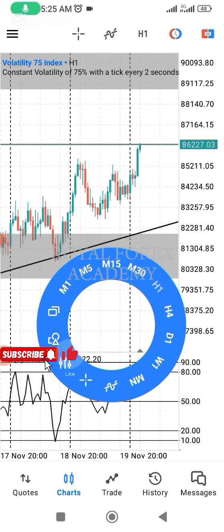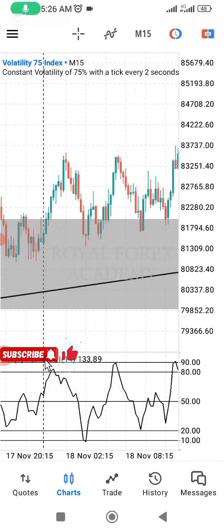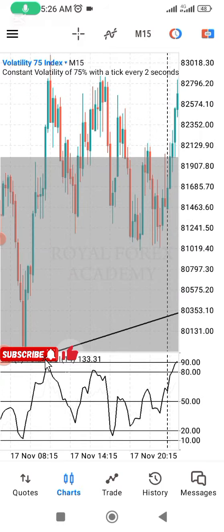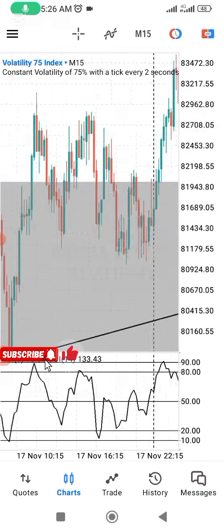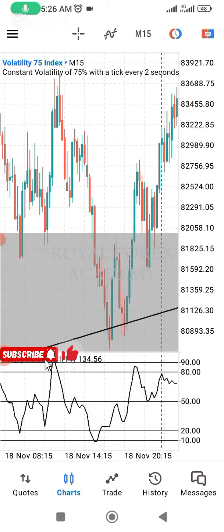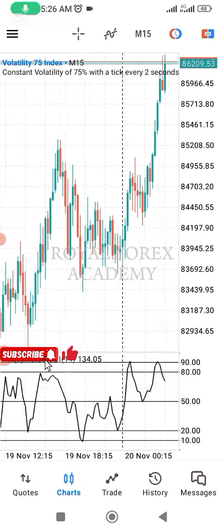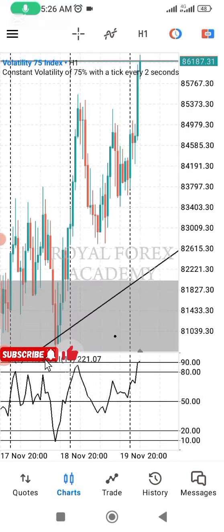Then you come to your M15. Now this is our 15-minute time frame. The question is, how do we trade this strategy? Now price is already moving. So the next thing you need to do is look for how to find your entry. Okay, so you can still come to your H1.